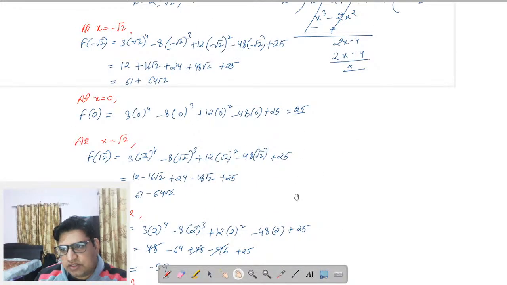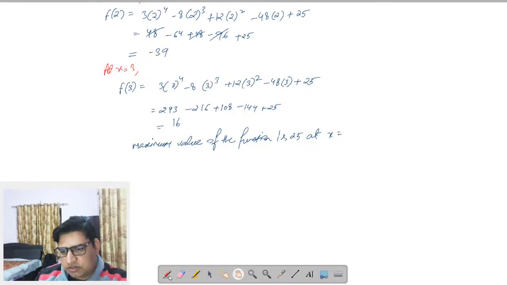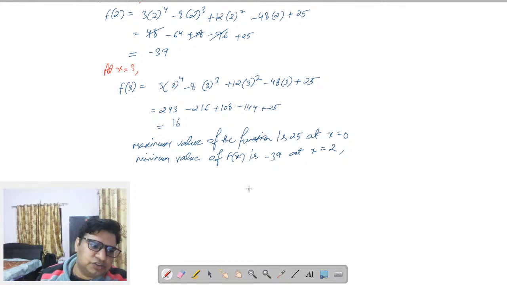I think at x equal to 0 only. Okay, so at x equal to 0, and the minimum value of f(x) is minus 39 at x equal to 2. So this is how we can try to solve this type of questions.